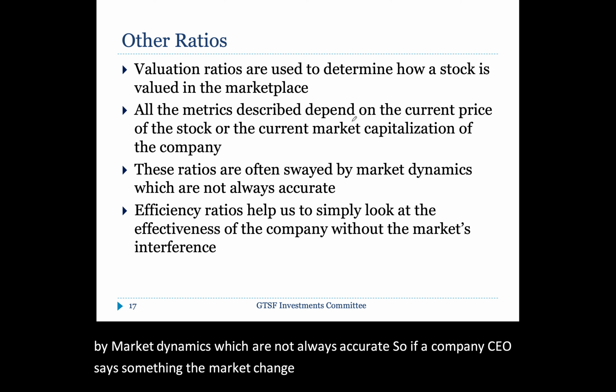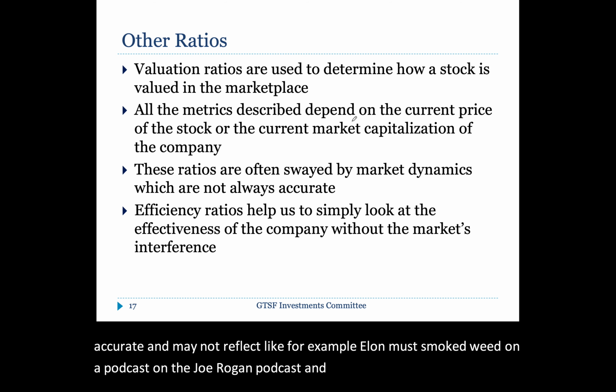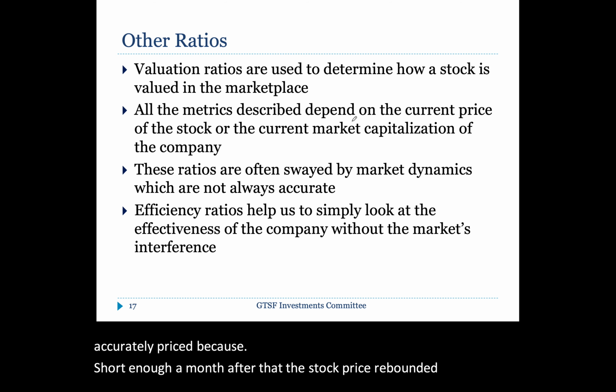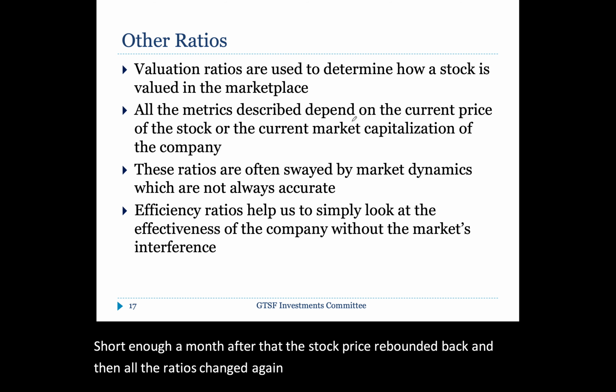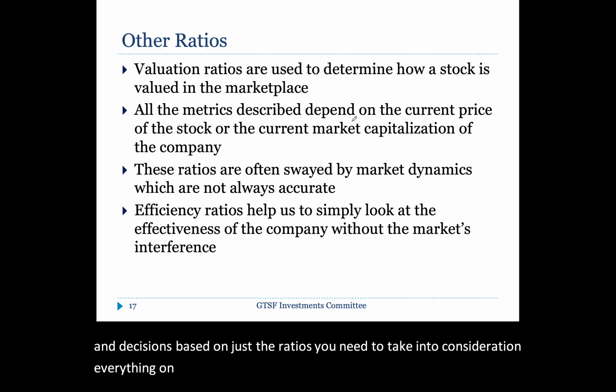For example, Elon Musk smoked weed on the Joe Rogan podcast, and the Tesla stock price came crashing down. All the ratios changed. But that doesn't mean it was accurately priced, because sure enough, a month after that, the stock price rebounded, and then all the ratios changed again. So don't make all your investment decisions based on just the ratios. You need to take into consideration everything from the stock price to the ratios, to the relative ratios between companies and between industries.